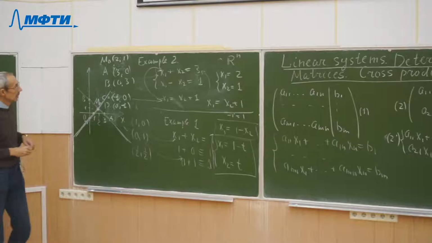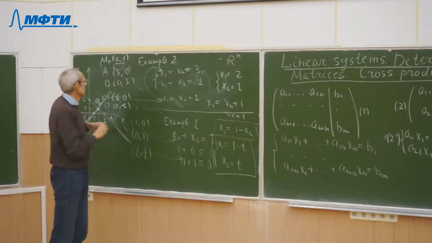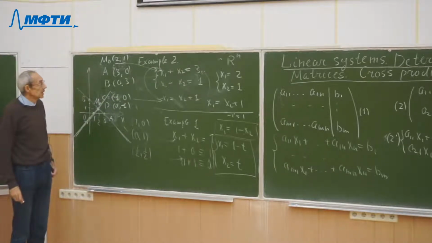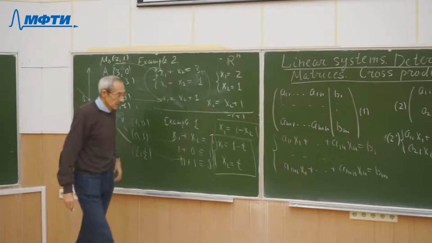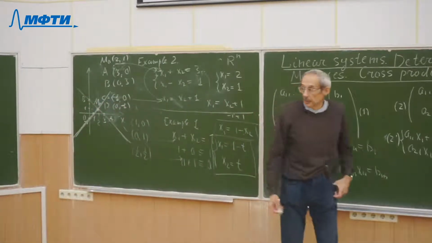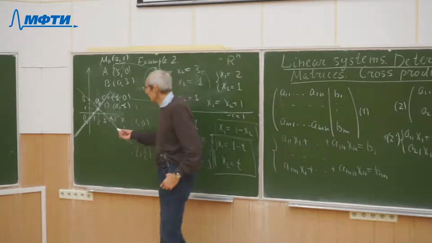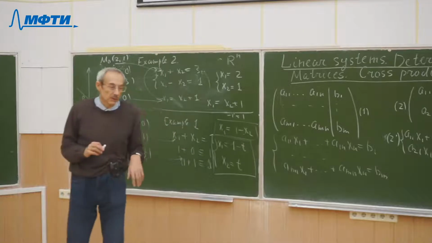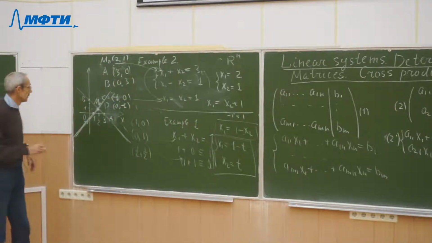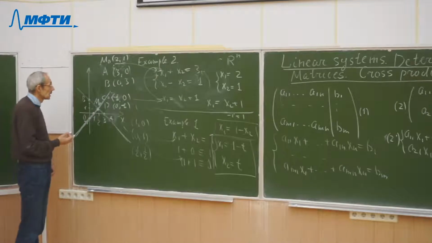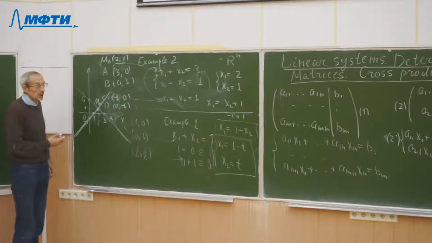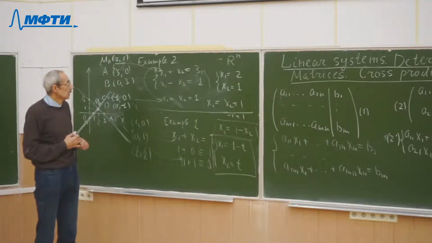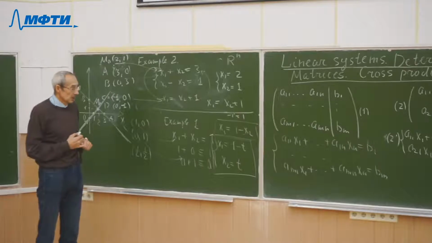If we substitute these values in the equations of our linear system, we obtain two equalities. We can see that in this case we obtain a unique solution, which is the point of intersection of the straight lines which present the solutions of these linear equations.